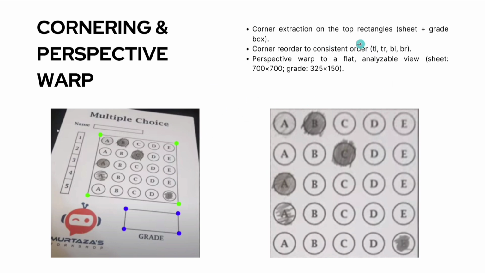And then we can use this order to perspective warp into a flat square that we will use to analyze the view. This is put into a different size depending on which of the squares it is. If it is the actual sheet, then it is resized to 700 times 700. And if it's the grade box, it's resized to 325 times 150. This is to differentiate which of the two boxes we are working with.